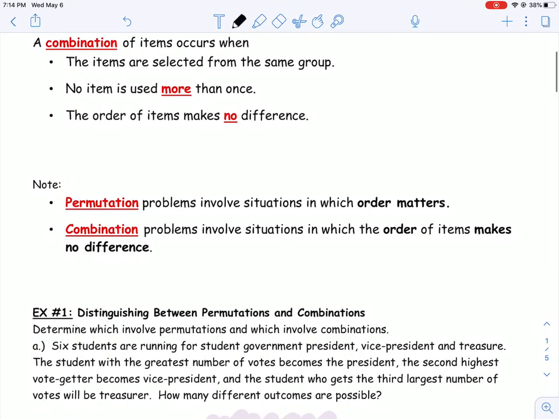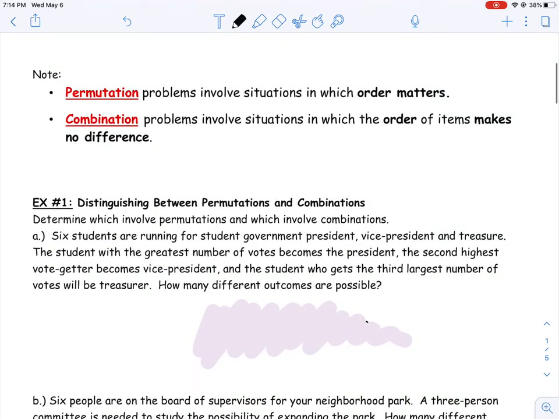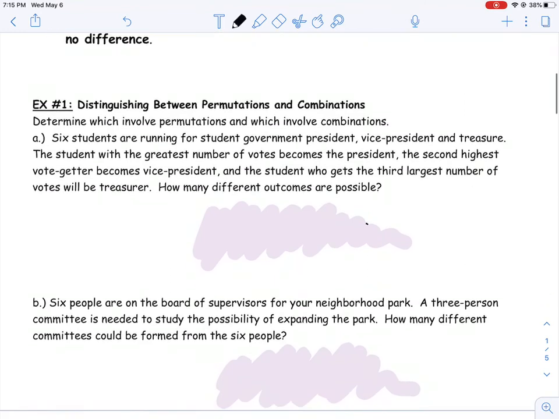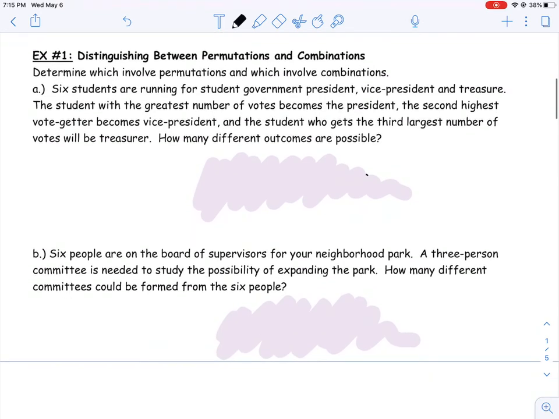That's the first huge difference between a combination and a permutation, and that's one of the hardest parts of all of these chapters: on your test it's not going to tell you if it's a combination problem or a permutation problem. You've got to read through the problem and first decide whether it's a combination or a permutation, and then solve the problem from there. So let's work on that first. Remember, a permutation is a problem where order does matter, and a combination is a problem where order does not matter.